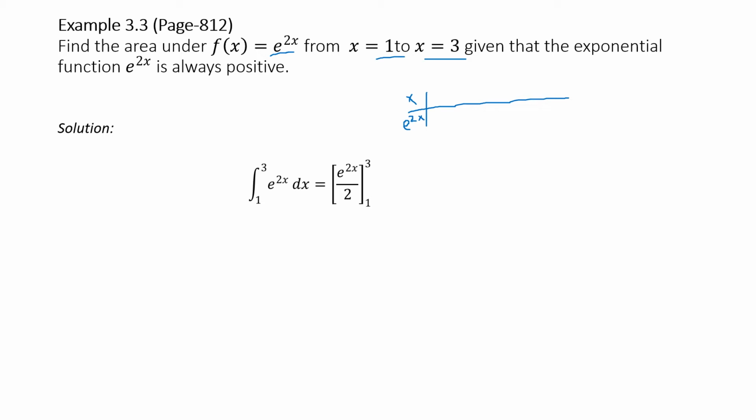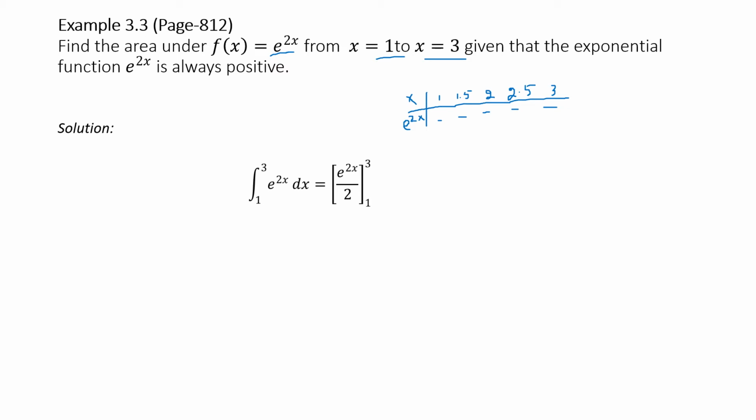If you want to draw a table, start from 1, then 1.5, 2, 2.5 and 3, and then you will get values and draw the graph.